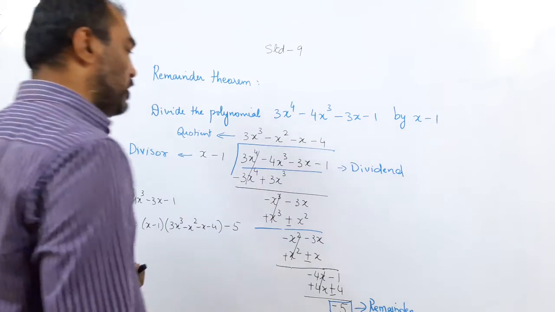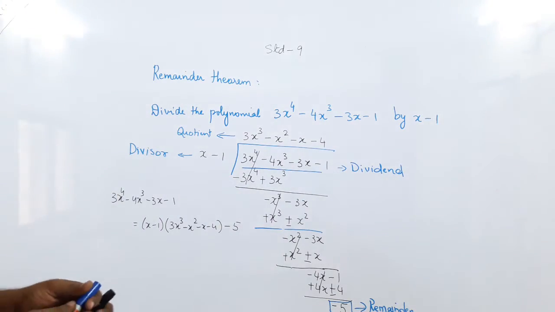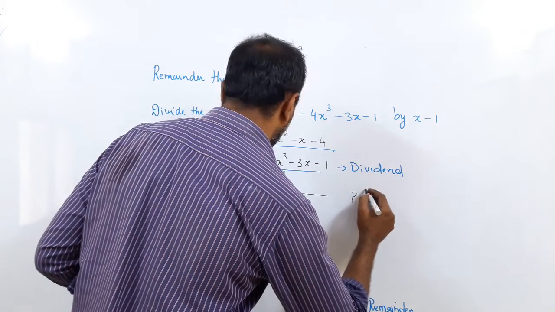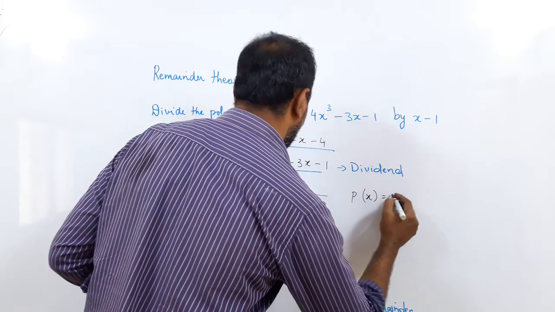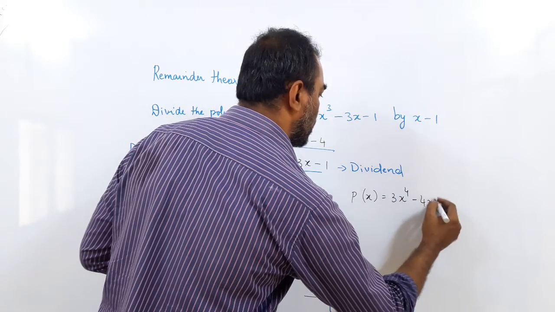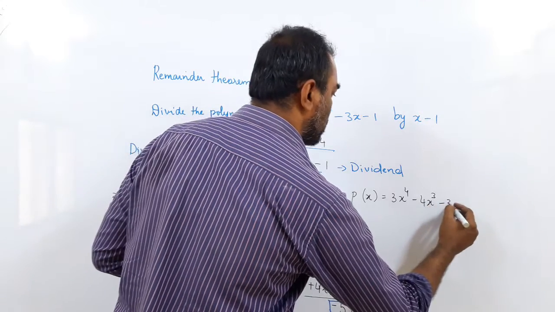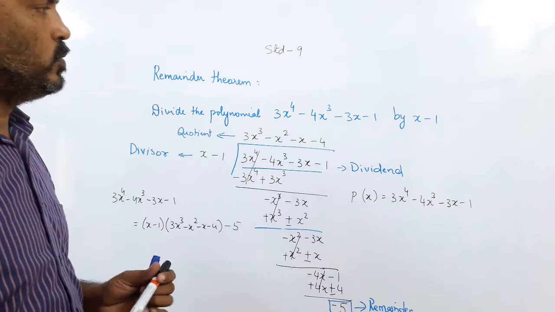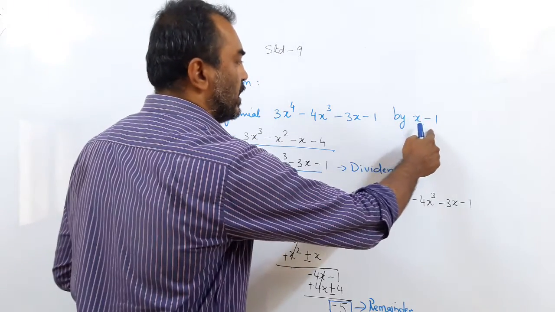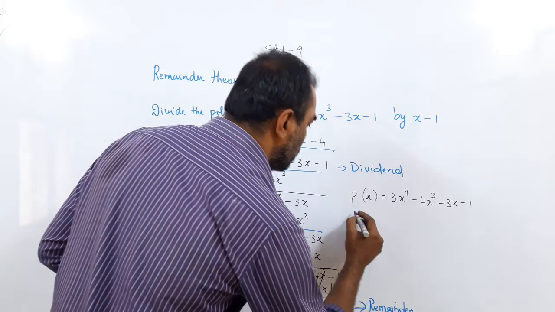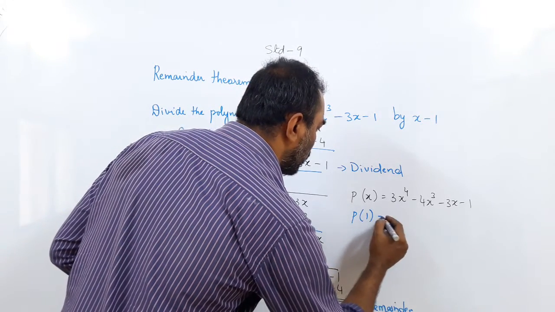So let us check whether this works or not. So what is my polynomial? P of x equal to 3x raised to 4 minus 4x cube minus 3x minus 1. And what I am going to do now, I have got x minus 1 to divide with, so if I take x minus 1 equal to 0, x equal to 1, so directly let me take p of 1.